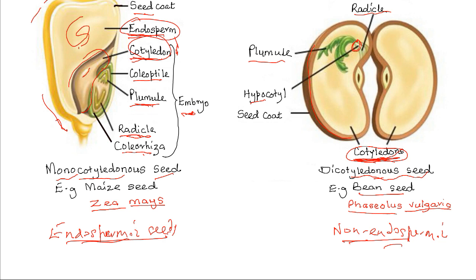It protects the embryo from the massive endosperm, and also it acts as a conduit or a channel through which food reserves can flow from the endosperm into the growing embryo during germination.